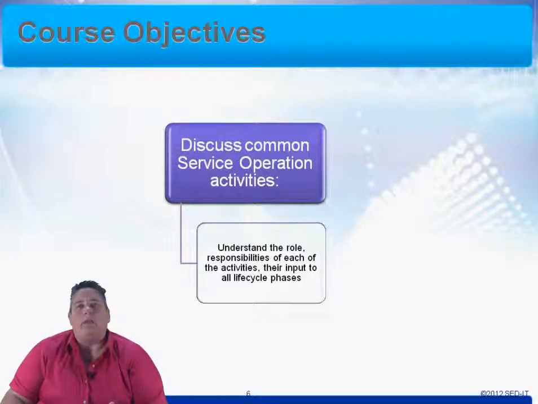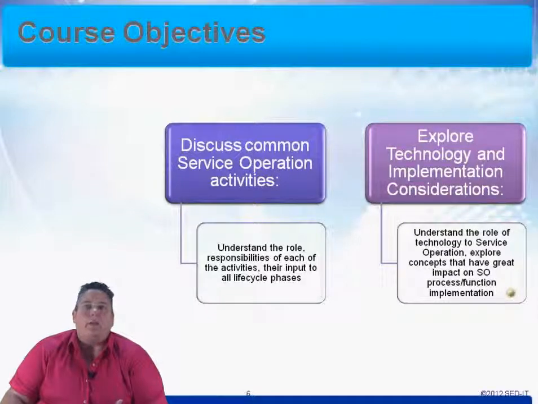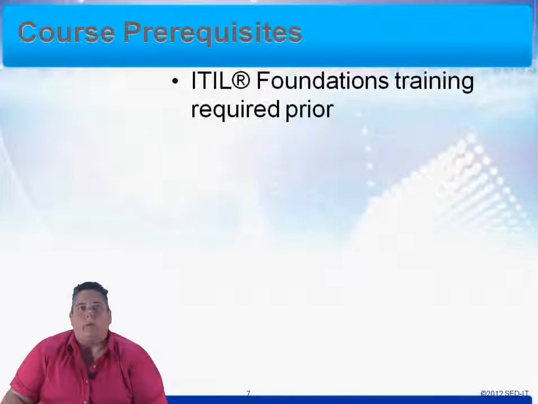We need to understand how they need to be managed in order to deliver value. And then we're going to explore the technical and implementation considerations and understand how technology will support service operation and how it will have an impact on the process and function implementation. So technology is our friend, and we want to be able to use it to our benefit. Again, always to deliver value to the business.